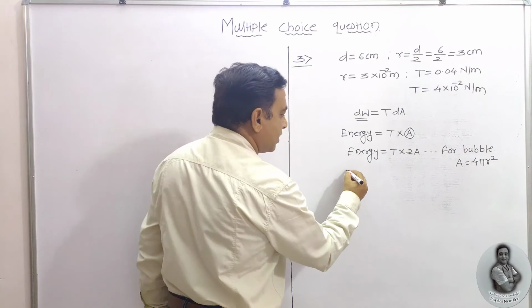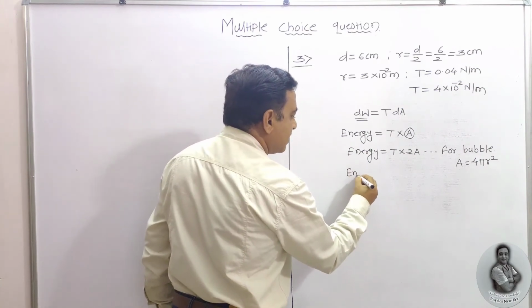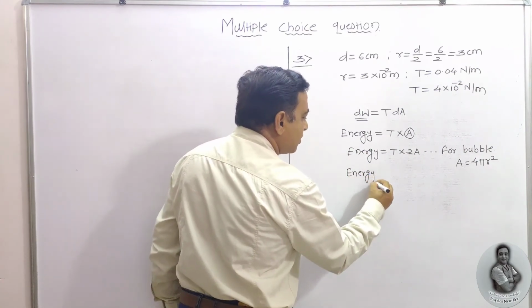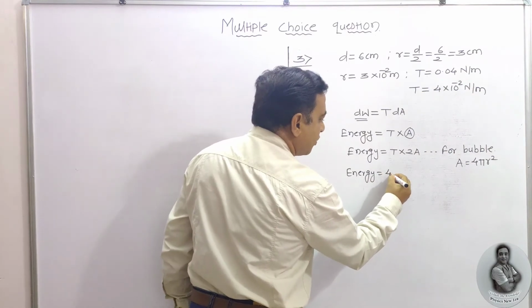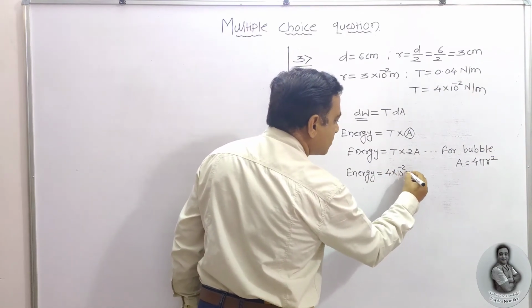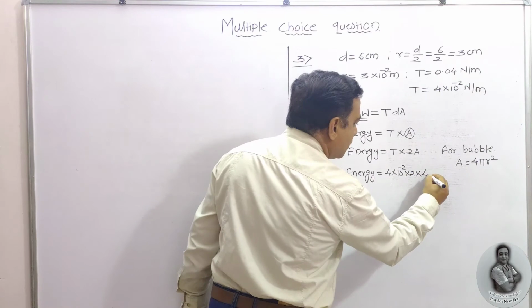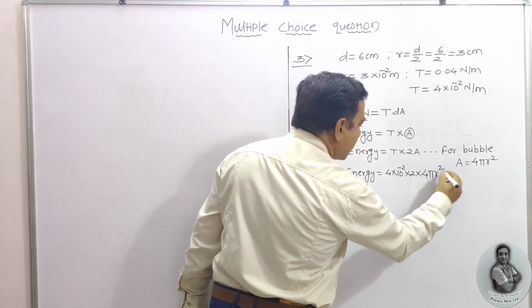So substituting the energy concepts, energy is equal to T, that is 4 into 10 raised to power minus 2, into 2 into 4 pi r square.